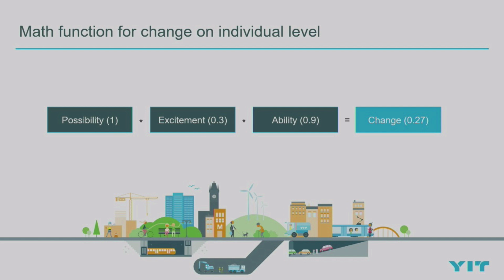Are the foremen and site engineers excited about utilizing the GNSS receiver? And do they have the ability and understanding of utilizing that tool? And it's simple math, and you should try to get that change number to be 1. If it's something lesser, then you have a much more difficult time to change. And that's what happens on the individual level. We need to try to get those numbers higher.